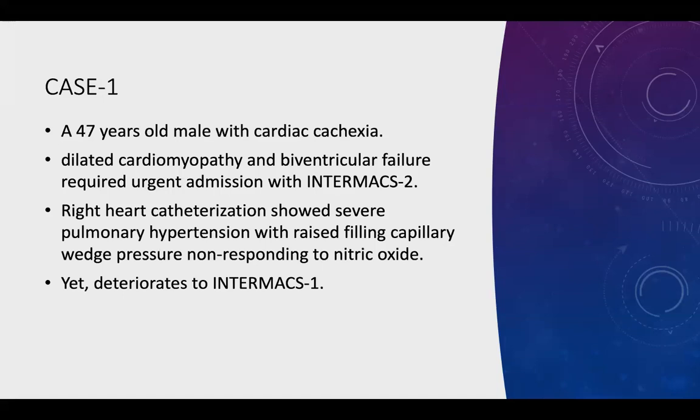You need to make sure that this patient, you need to do a right heart cath. You need to advance him after an ECMO for a while and you reperfuse everything.